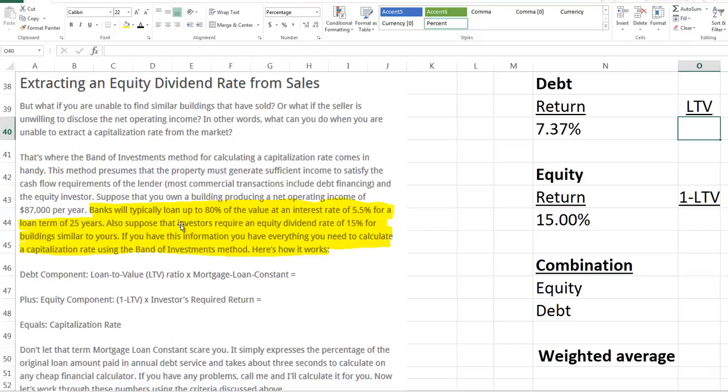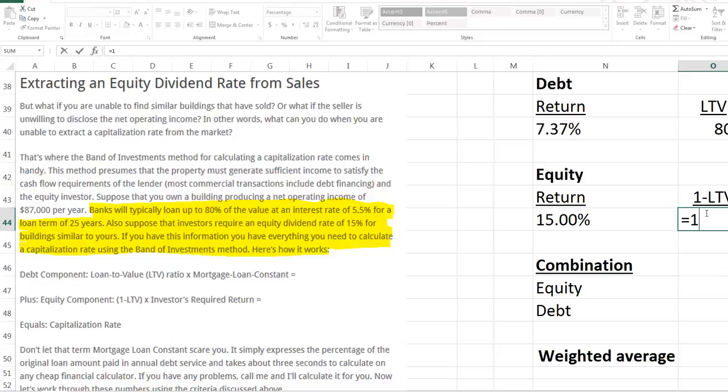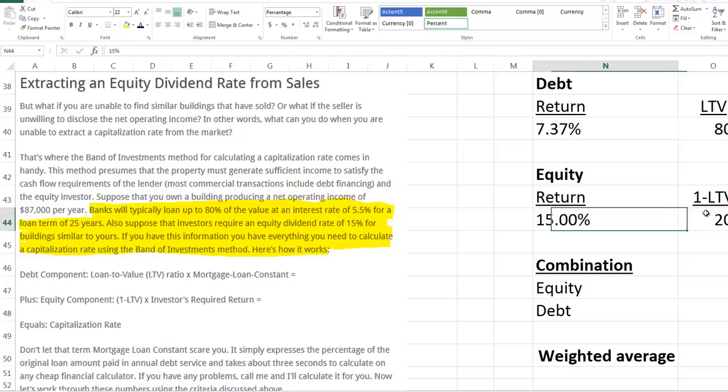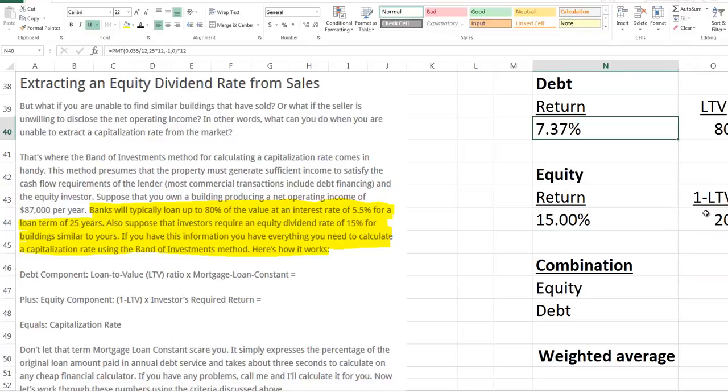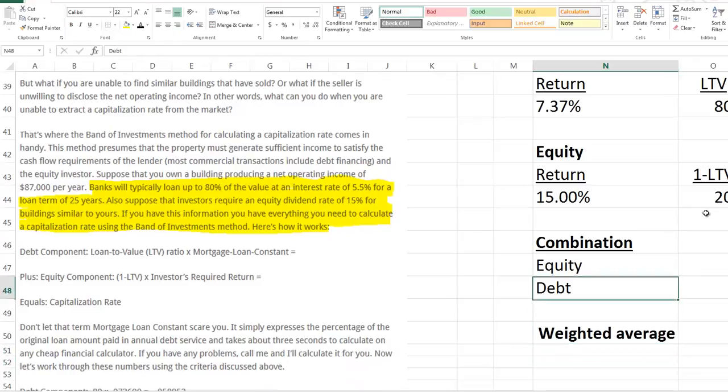The problem states that we have an 80% loan to value, and then for the equity it's just going to be 1 minus that loan to value. Okay, so now we have both our returns and our weights for both the items, so now we can put it together.